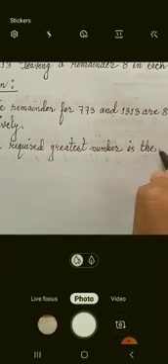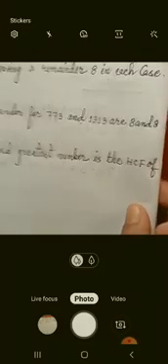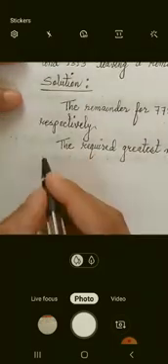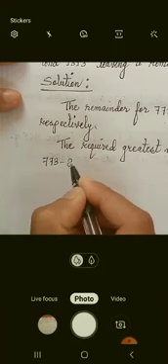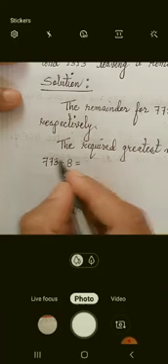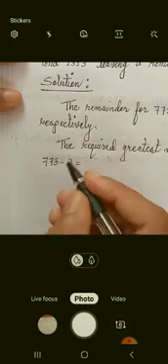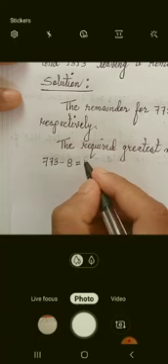After that, the required greatest number is the HCF of 773 minus 8. We should subtract this remainder from the number. 773 after subtracting 8 gives 765.